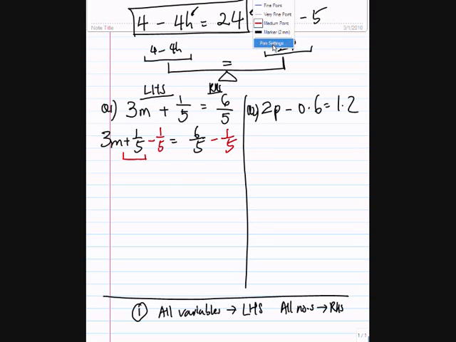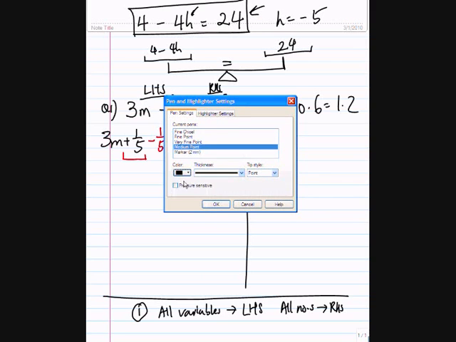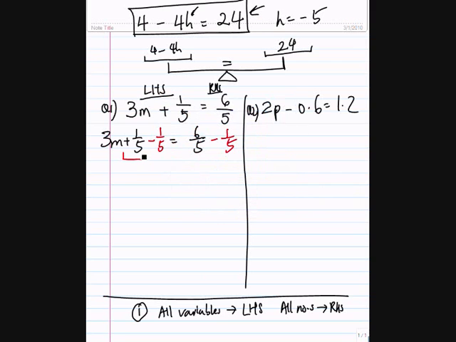So what do I get? 1/5 minus 1/5 on the left hand side, I get 0. So I'm left with 3m. 6/5 minus 1/5, I get 5/5, which is 1.